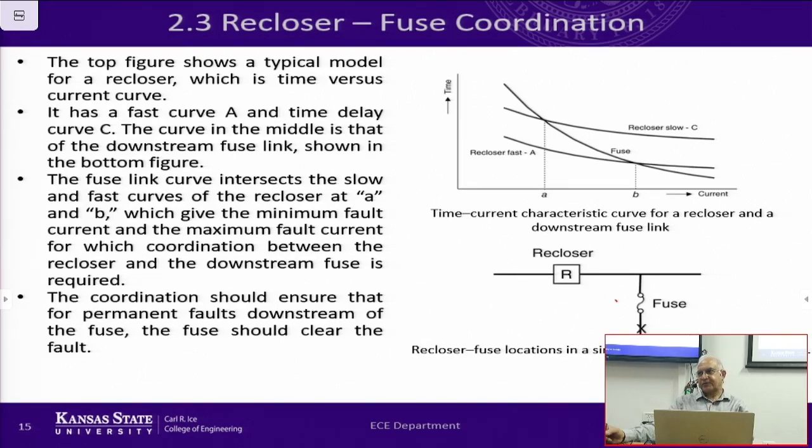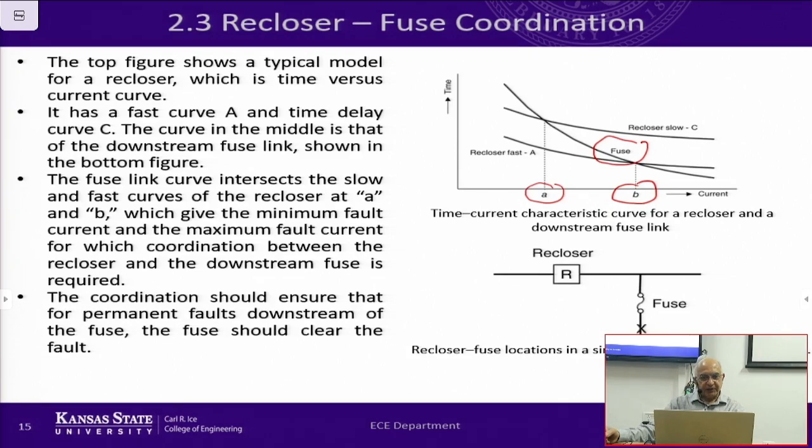So they intersect with one another. In between, what you see here, there's a fuse right here and the two recloser characteristics. So there are two intersection points A and B. And what we want to make sure is that these are obtained by minimum fault current and maximum fault current.